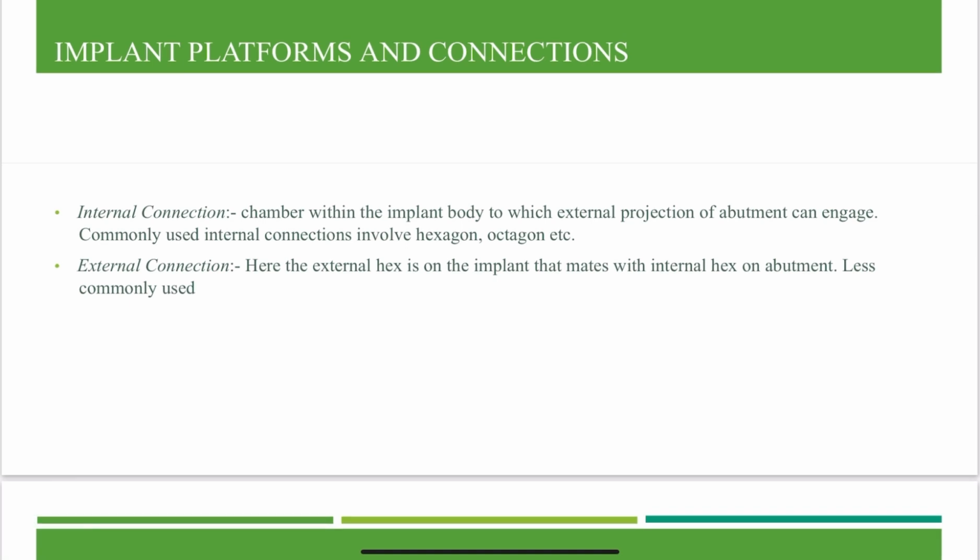Implant platforms and connections. Suppose this is the body of your implant. We have two types of connections: internal connection and external connection.